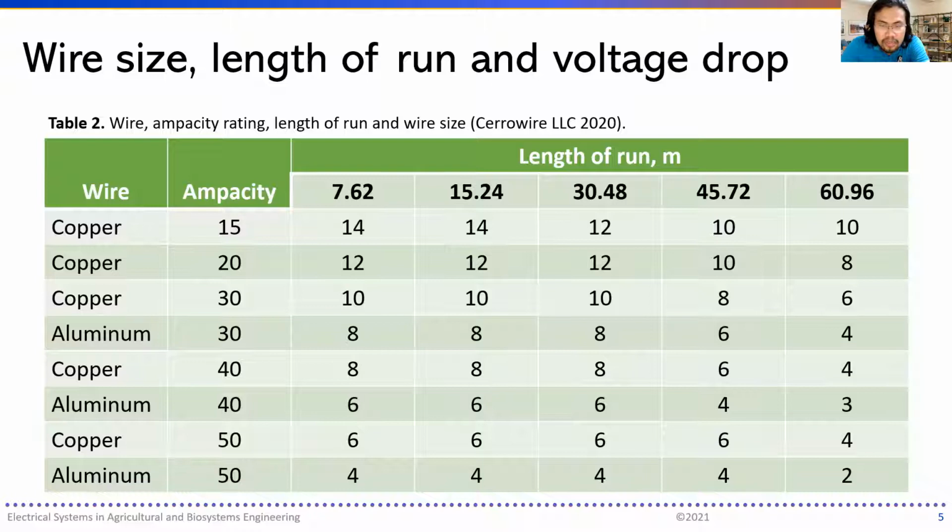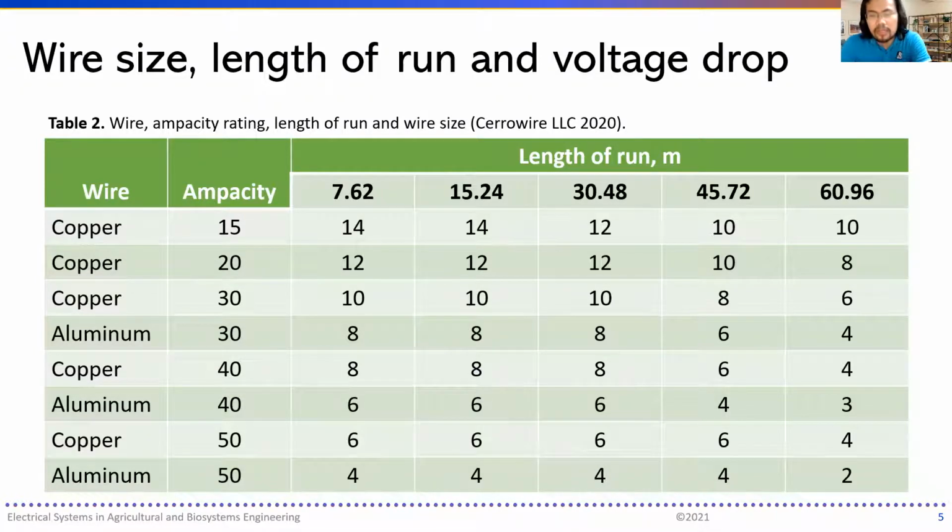And usually this is not a problem in circuits within a building or a farmhouse. But this becomes an issue when running wires to an outbuilding, to a well pump and others, and also for very long distances. Now, excessive voltage drop can cause loss of efficiency in the operation of lighting, motors, and even appliances.